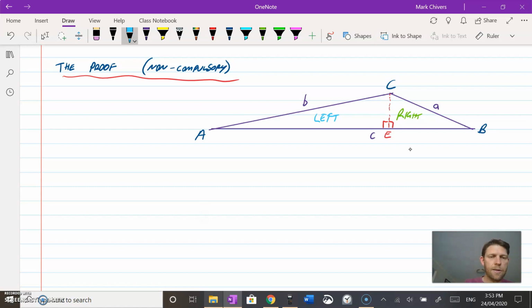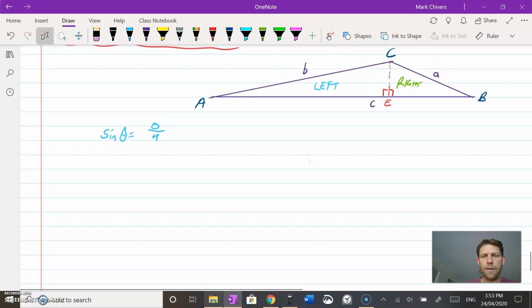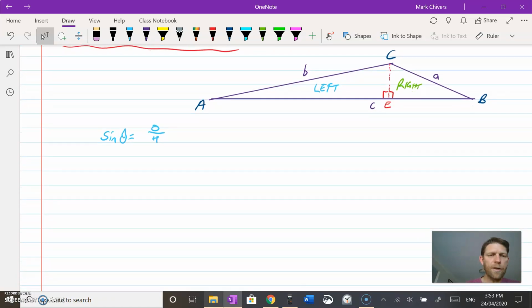So sine theta equals the opposite over the hypotenuse. In this particular case, we fill in what we know. So sine, and that angle is A, equals the opposite, that line CE, over the hypotenuse, that line b.